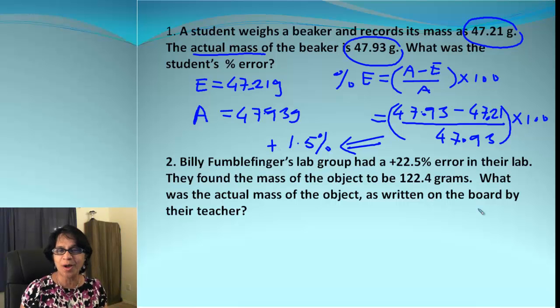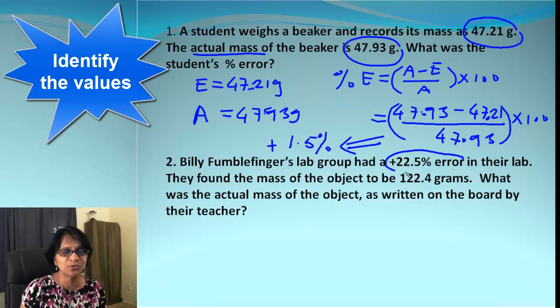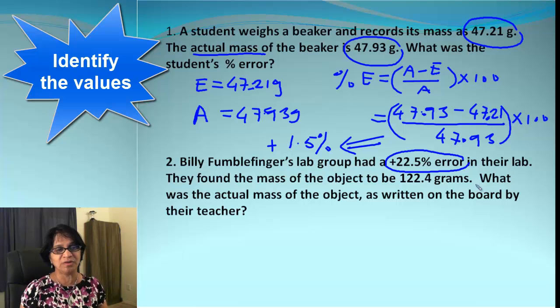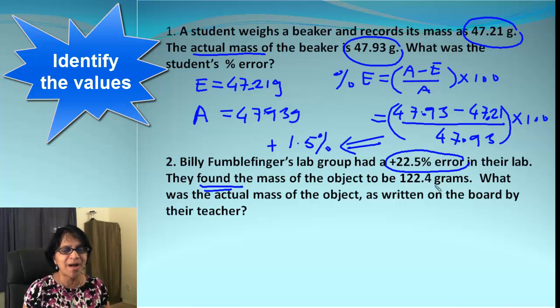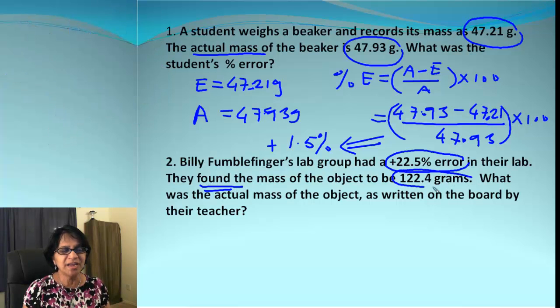Let's do one more problem. In this problem, the error is given to you and look at the value. It's positive 22.5. Make sure to use that value when we plug and check. And then they found the mass of the object to be that. If they found that, that means that will be the experimental value.